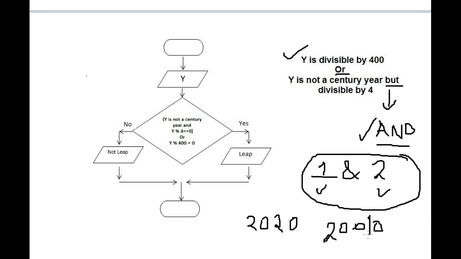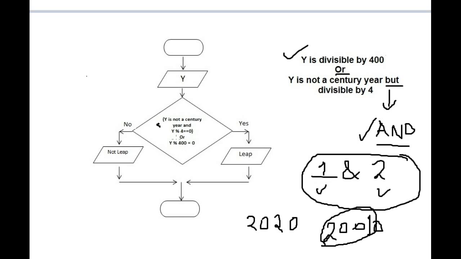So I will say that it is a leap year. Now in the case if it is 2001, just consider that the year is 2001. In that case what will happen? Is it a non-century year? Yes. Is it divisible by 4? No. So yes and no will ultimately result in no. Now that's not all, because here there is a no, so we need to ensure whether the next one is yes or no. So year 2001 is not divisible by 400 either.